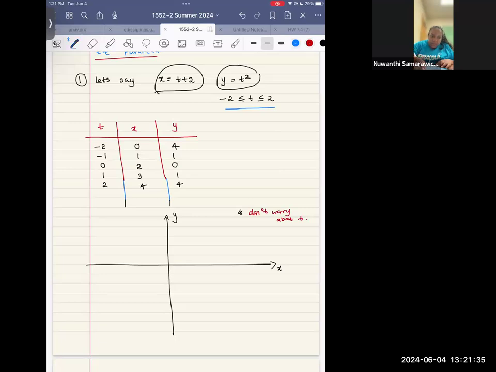This is 1, 2, 3, 4 on each axis. Can you draw the graph and show me?